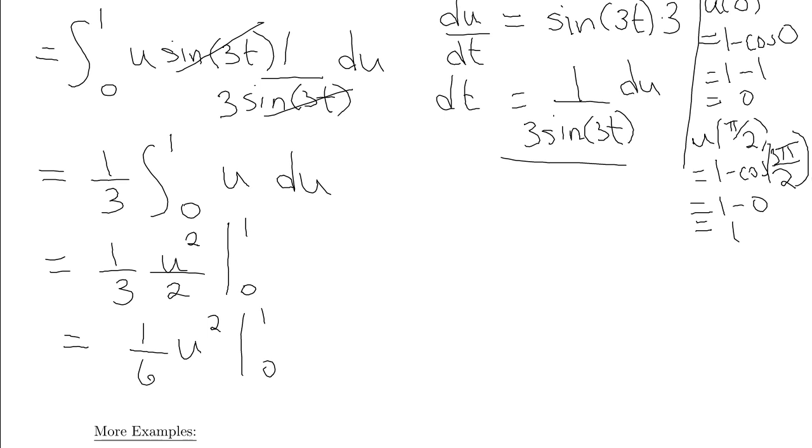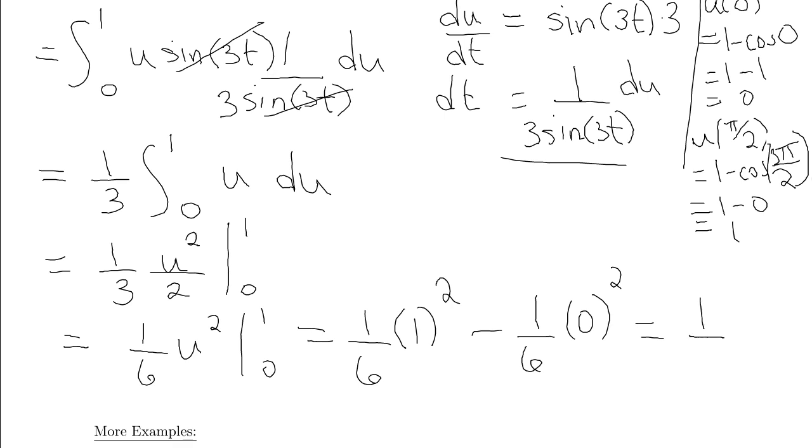So we would be plugging back in that 1 minus cosine of 3t. But we don't need to do that here because we just need to evaluate this integral, and we know that the bounds of u go between 0 and 1. So I don't actually need to plug back in my choice of u. I can just directly evaluate between the bounds for u. So it becomes 1 over 6 times 1 squared, so we plug in the top bound first, minus 1 over 6 times 0 squared. And so our final answer is just 1 over 6.